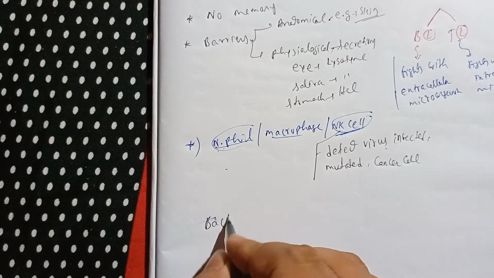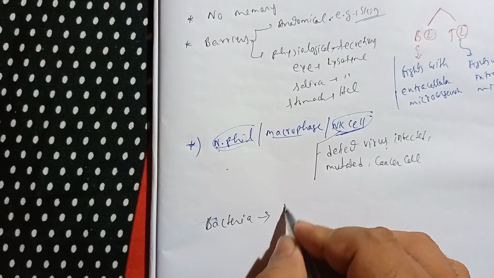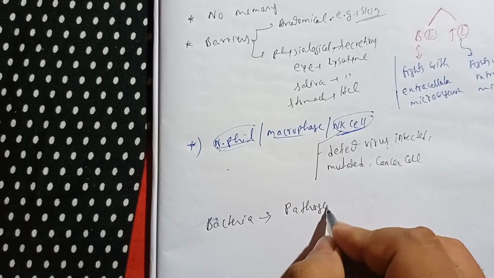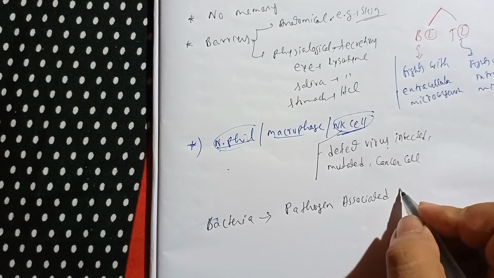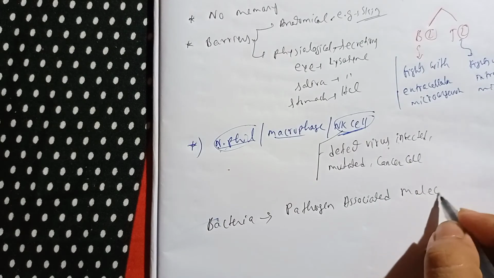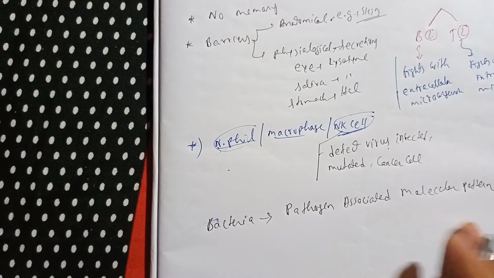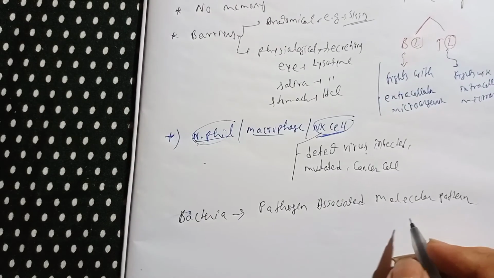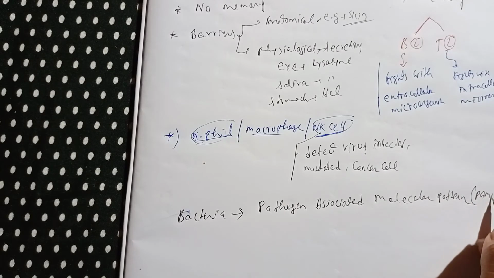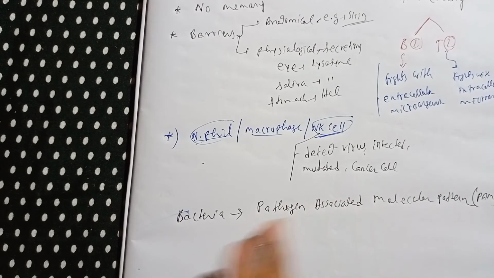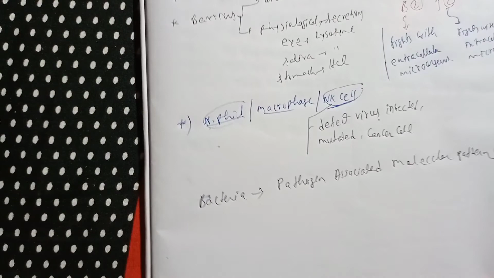Within the bacteria there is something called the pathogen associated molecular pattern, or simply PAMP. They cause the infection within our body, and that ultimately leads to the formation of inflammation, of course.